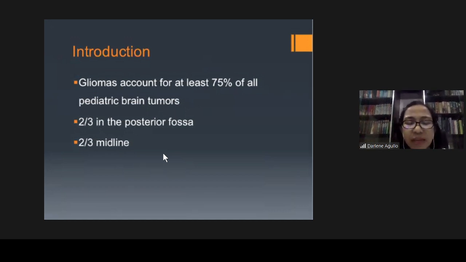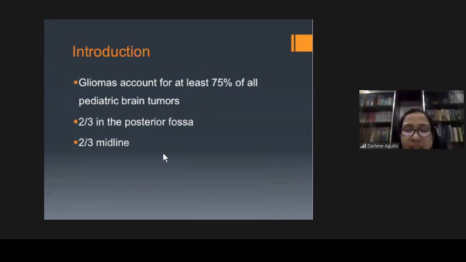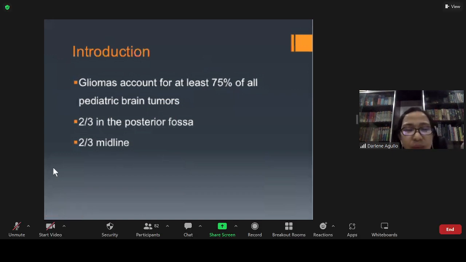So what are the midline structures? Ventricles, the optic pathway, no? Optic chiasm, diencephalon, thalami, brainstem, and cerebellar vermis. So yun yung mga midline structures. So again, 2/3 of pediatric tumors occur in the posterior fossa, 2/3 midline, 75% glioma.